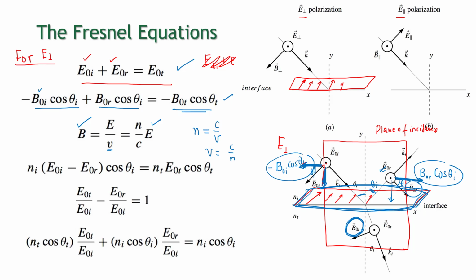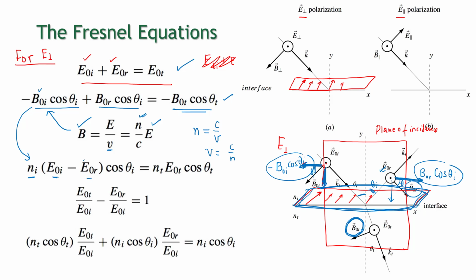So now we substitute this B in this equation. For all these B's, use this equation and turn that in terms of E. So you substitute B in this equation and write in terms of E, and you get this equation. On the left side we will have n, but the n would be for the air, the incident medium, so n would be common, and E0I minus E0R.